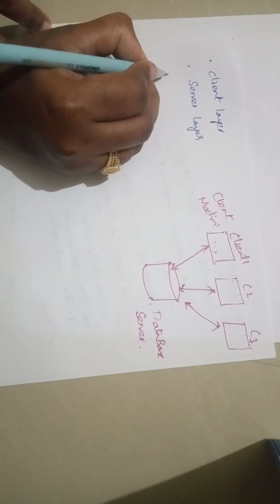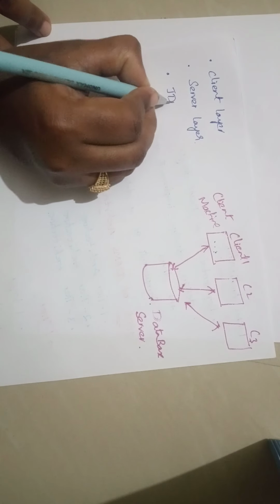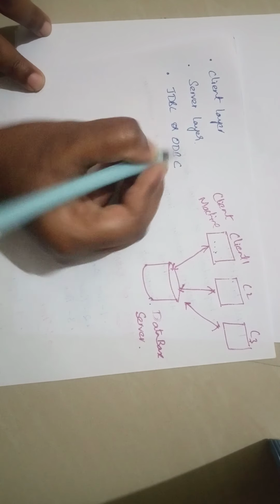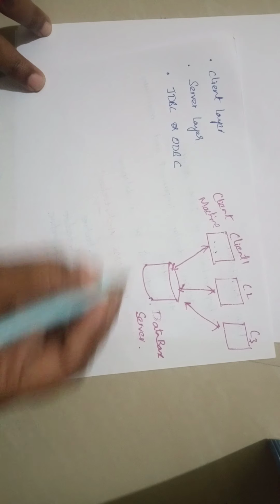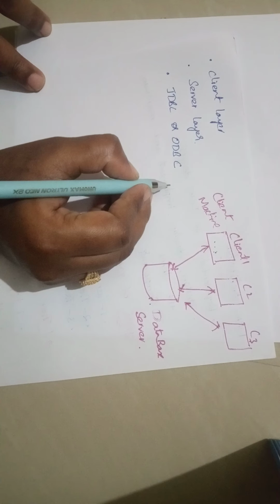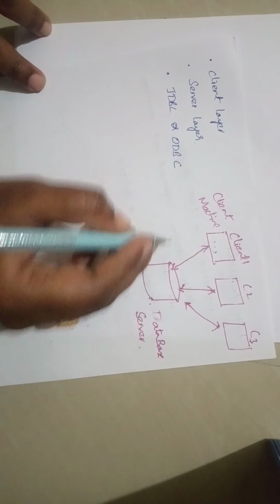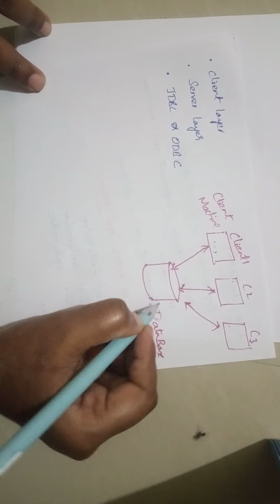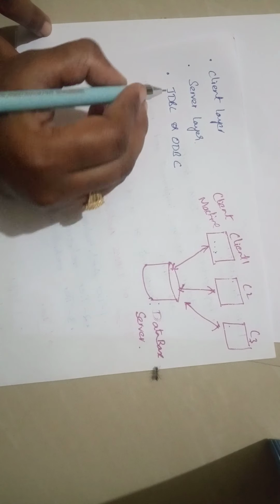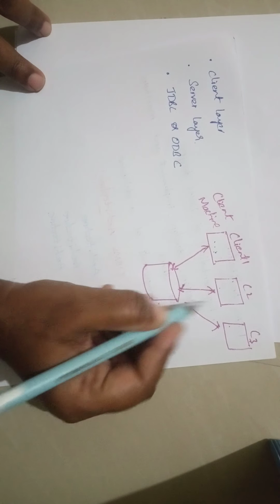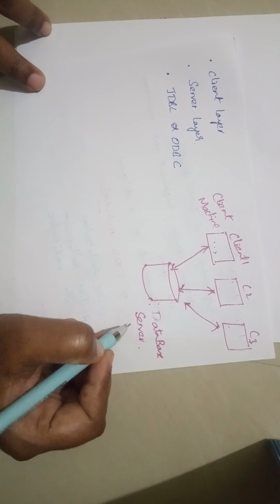APIs like JDBC and ODBC are used to provide a link between the client machine and the database server.